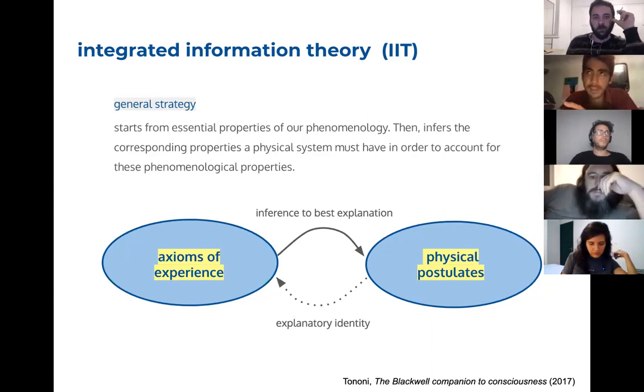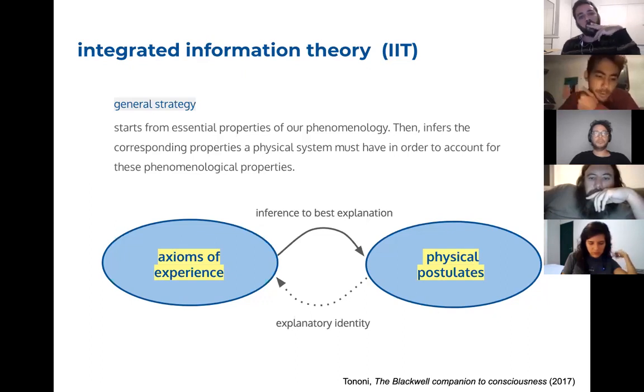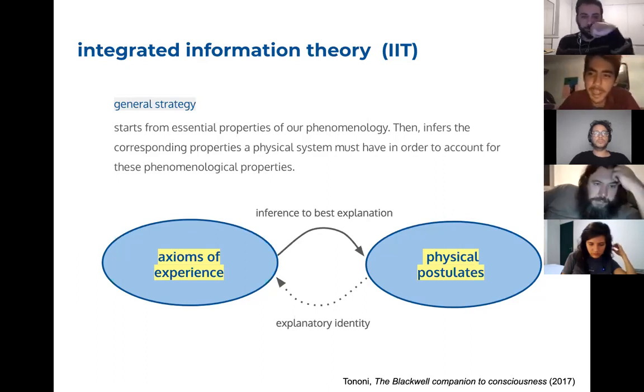Since 2004 until now, he has been constantly revisiting it and doing updated accounts and new versions of the theory. But he's a psychiatrist by training. Yeah, that's interesting. And he normally pairs with a mathematician to develop it.